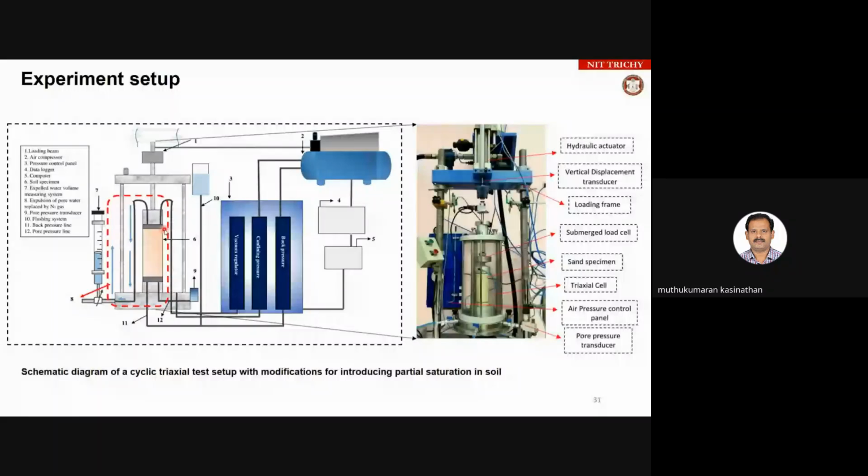So this is an expected auxiliary benefit with respect to the microbial induced process.